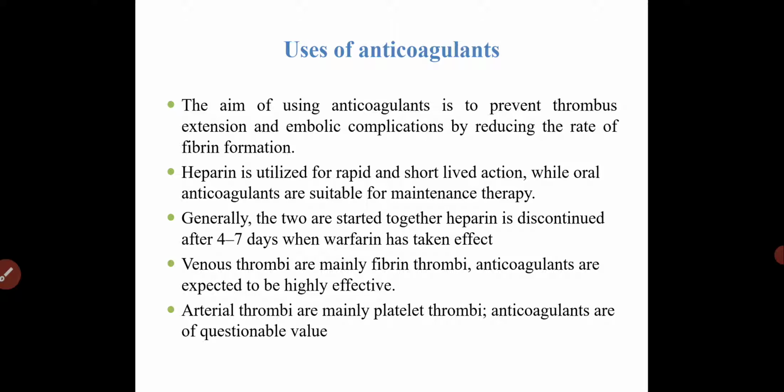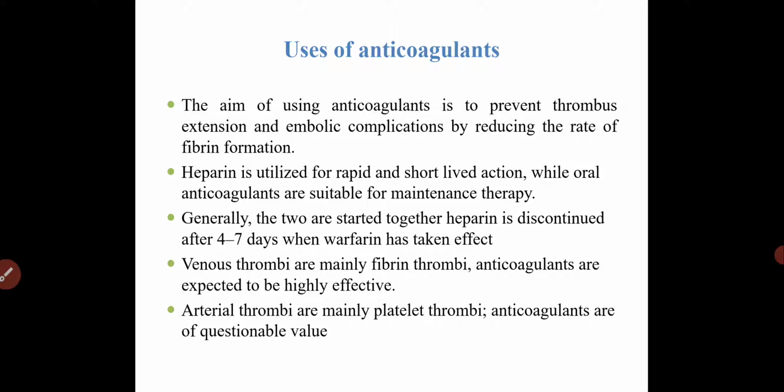This drug is useful either for prevention or treatment of venous thrombi. Because in venous thrombi the main role is of the coagulation pathway, it is fibrin related, and in arterial thrombi the main role is of platelets.